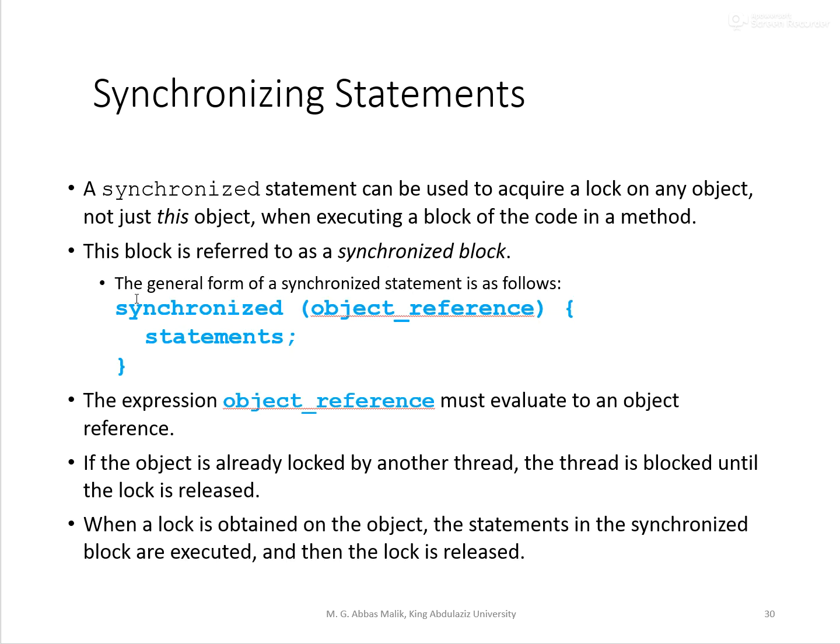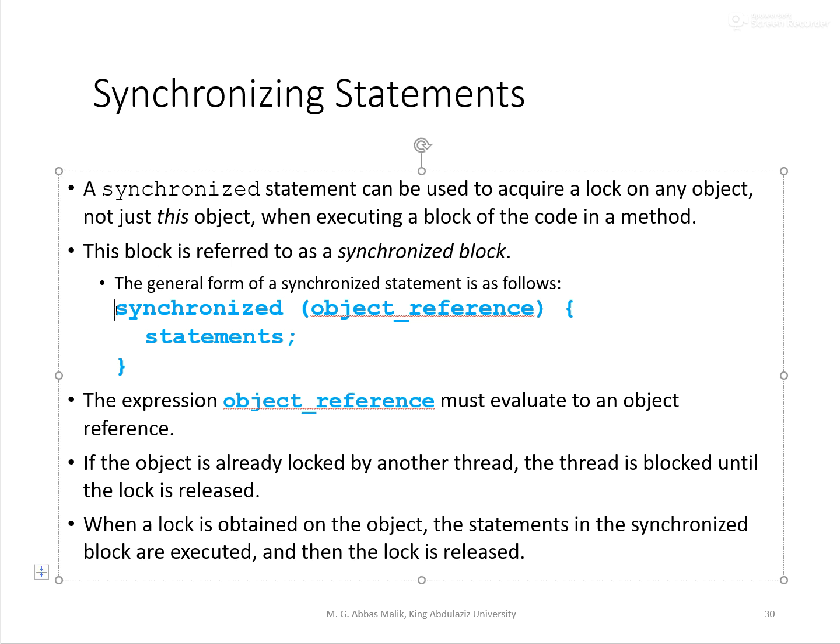Now, instead of applying the synchronized keyword to an entire method, you can also apply it to segments of code inside of methods, to acquire a lock on an object.